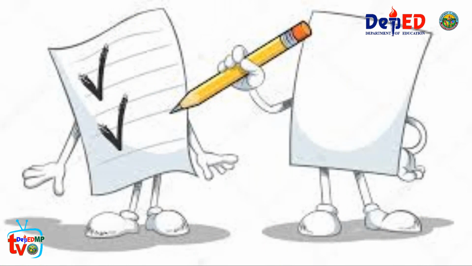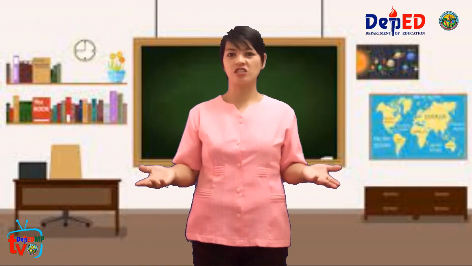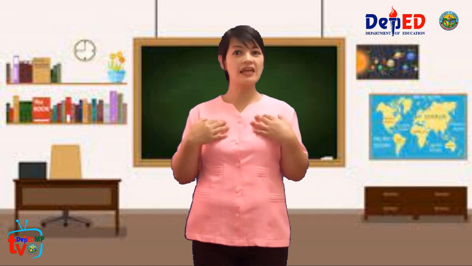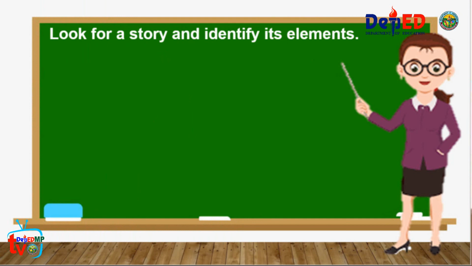Well, I believe you did well in all of your performances. I congratulate you for doing a job well done. Just one more and you're good to go. Good luck! Before we end this session, I have an additional activity for you. Look for a story and identify its elements.